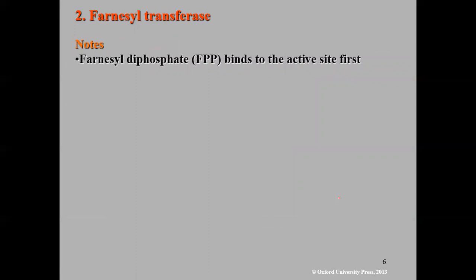The farnesyl pyrophosphate, or farnesyl diphosphate, binds to the active site first. As you saw, the farnesyl transferase attaches the farnesyl diphosphate to the RAS protein. The farnesyl diphosphate binds to the active site first, and it aids in binding of the RAS protein to the active site.